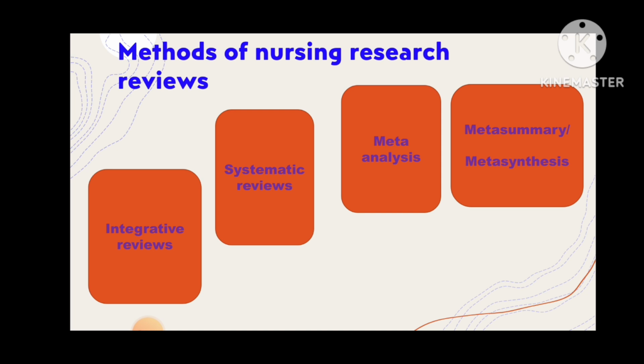Then comes meta-analysis. Meta-analysis is a summary of many studies using statistical techniques to estimate mainly the effect of an intervention or relationships. Then comes meta-summary or meta-synthesis. This is for past research findings, combining the qualitative research, mainly findings from multiple qualitative studies.